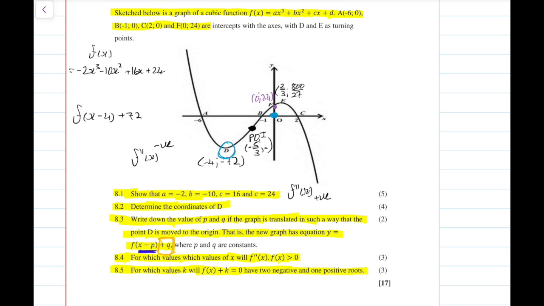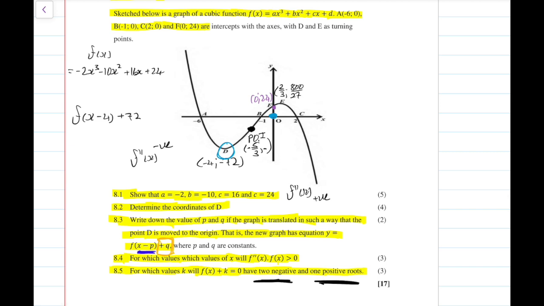So what we have to do here is understand how we're shifting the graph vertically. For us to continuously have two negative roots and one positive root, our graph can't go above this negative 72.